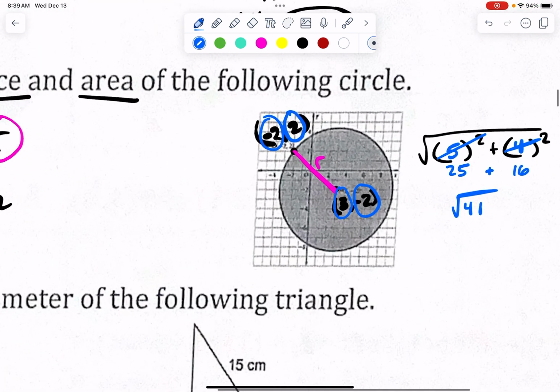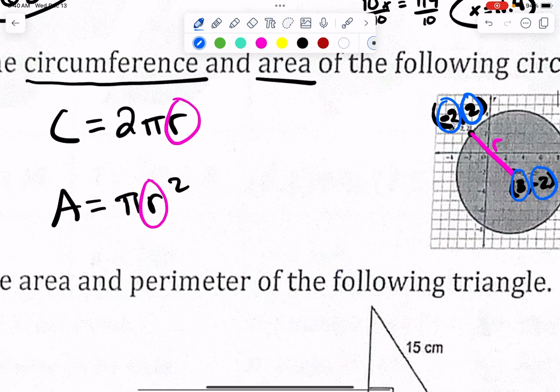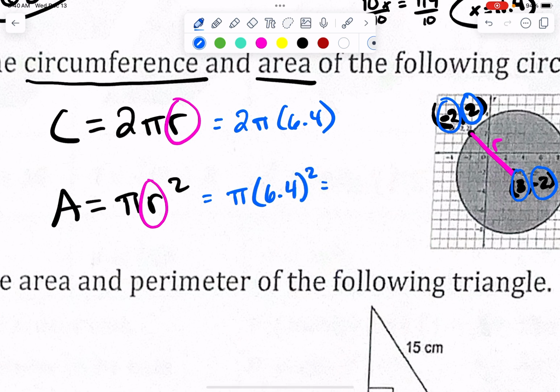Okay, so I'm just going to call it the square root of 41. Actually, let's find a decimal for the square root of 41. 6.4. Thank you for that. Okay, all right, so that's my radius, and then I'm going to plop him in. So 2 times pi times 6.4, and pi times 6.4 squared.